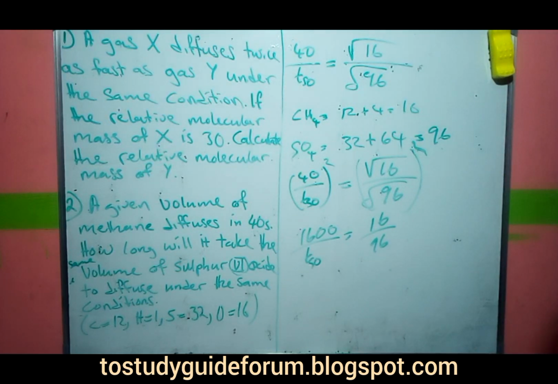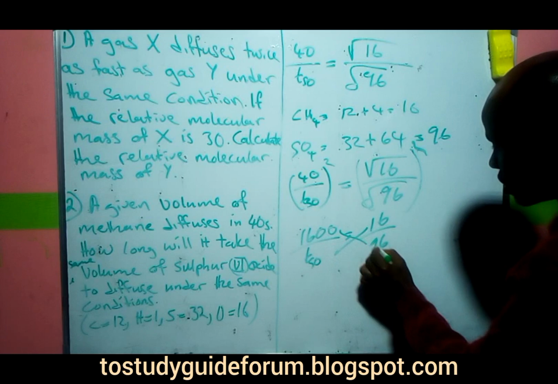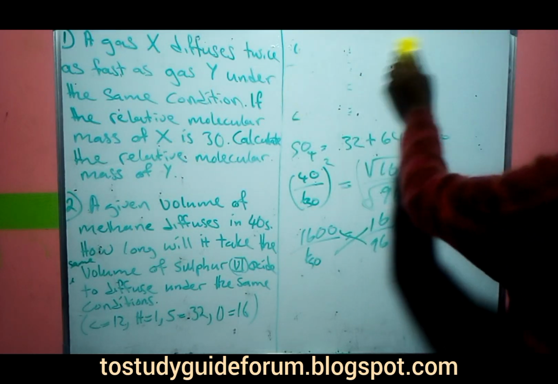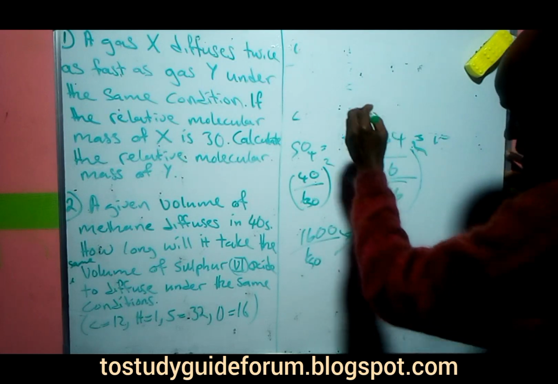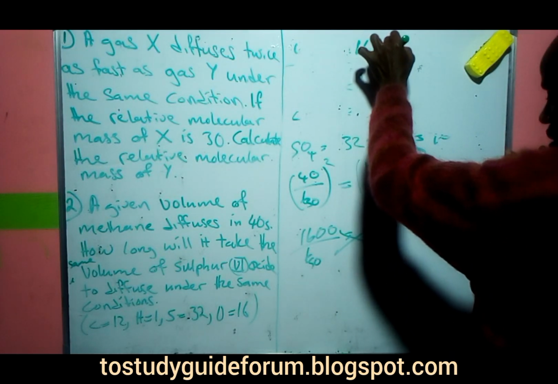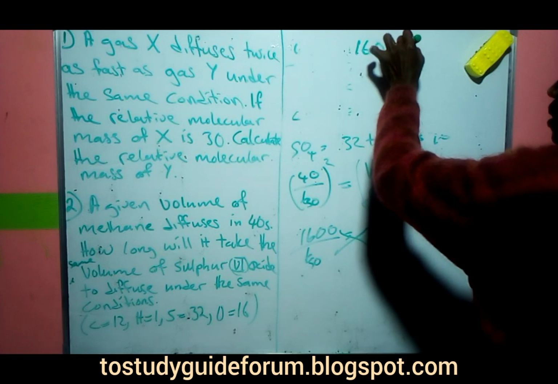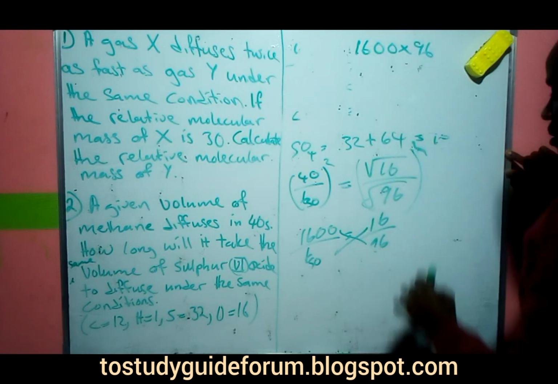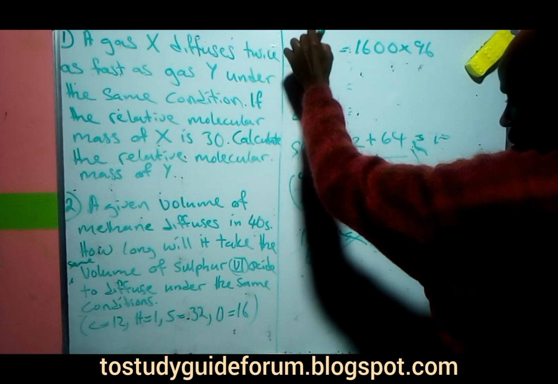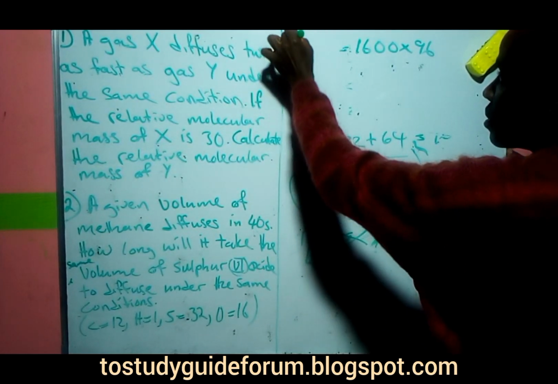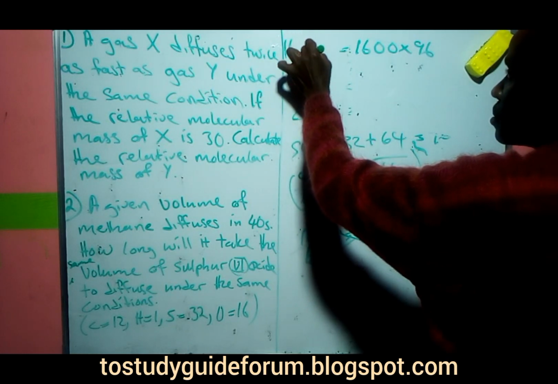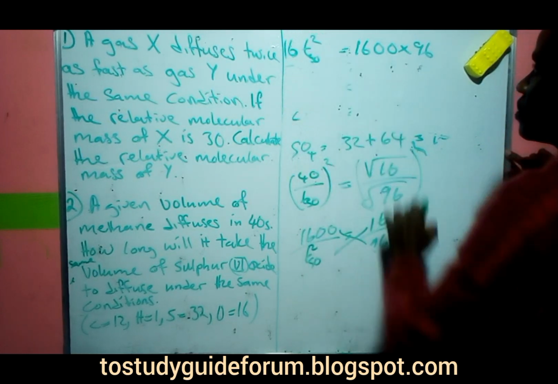So what next? We cross multiply. If we cross multiply, we have 1600 multiplied by 96 equal to 16 T squared.